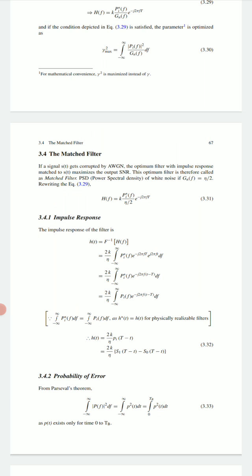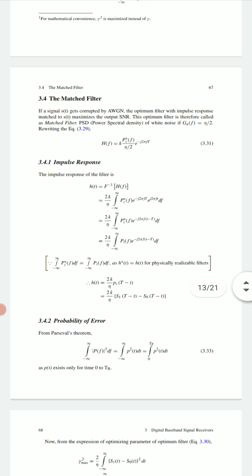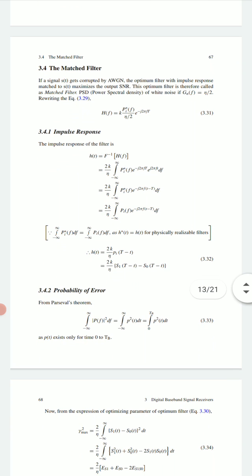So if we are using the optimum filter which maximizes the ratio, and the input noise is white Gaussian, then you can say that it is a matched filter. So in today's session we are supposed to see about the matched filter.